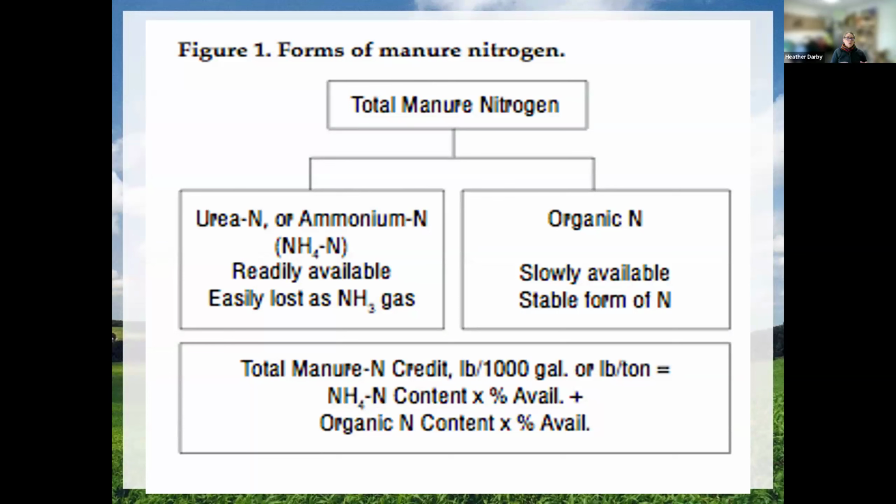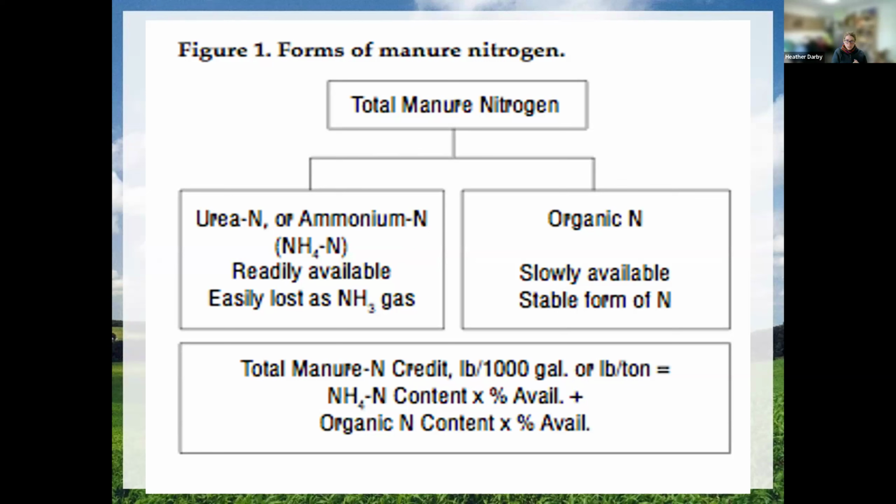All right, so with manure, and you'll see this on your manure test, you will see two types of nitrogen. You're going to see the amount of organic nitrogen in the manure, and then you're going to see the amount of ammonium nitrogen in the manure. It's going to measure both.